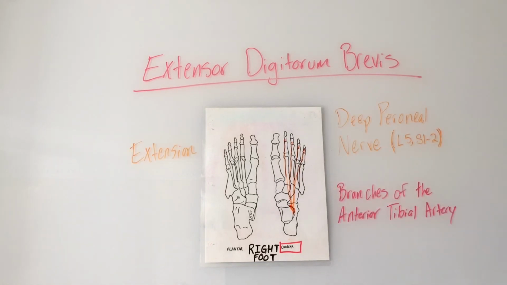The extensor digitorum brevis is innervated by the deep peroneal nerve L5, S1, and 2. Blood supply are the branches of the anterior tibial artery, and its action is to extend digits 2 through 4, which is also dorsiflexion.